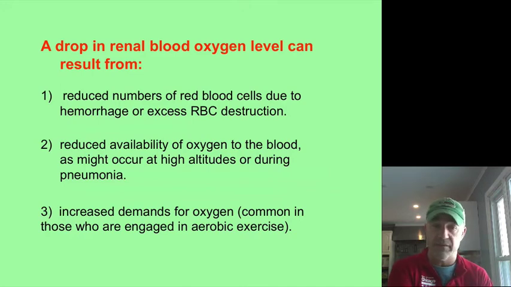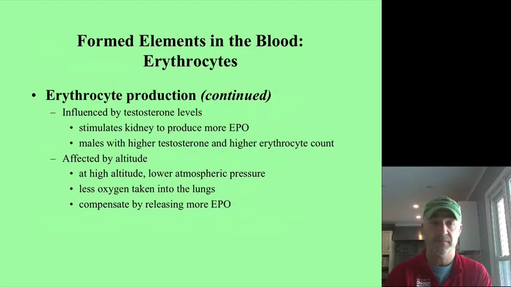You could have some type of disease that is limiting your ability to take in oxygen. The other thing this could be is if you're doing more aerobic exercise for periods of time, you're actually decreasing the oxygen levels in your blood because you're consuming more oxygen, which can stimulate you to make actually more red blood cells through that EPO pathway.